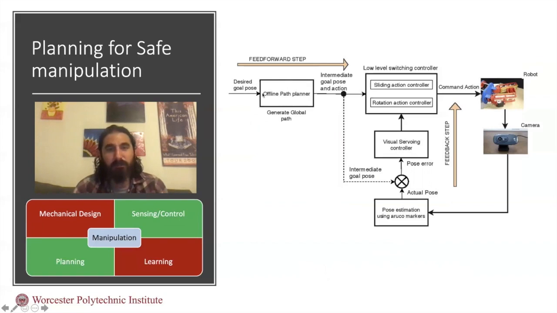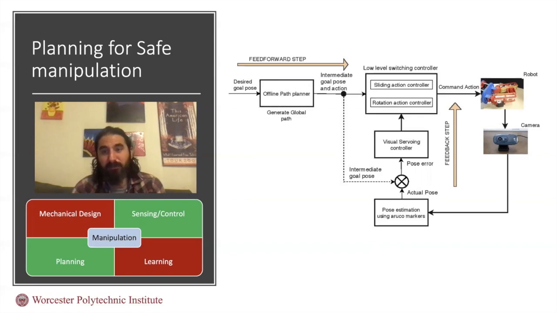So this is the overall picture of our framework. We have an offline path planner, which gives us results with as few switching as possible, but we cannot fully rely on this offline algorithm because it is sensitive to modeling uncertainties.